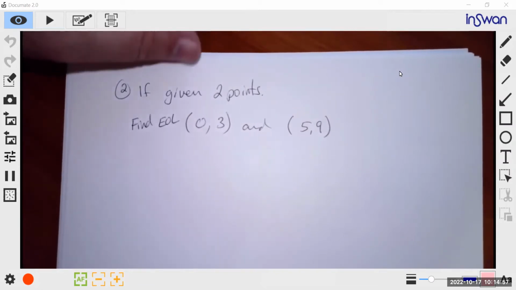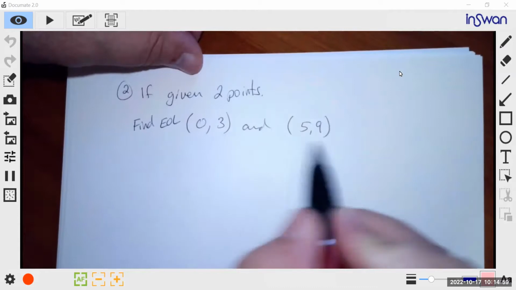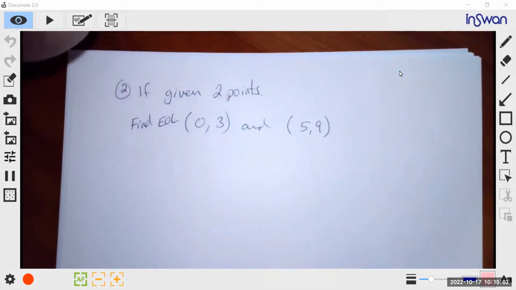So now I'll give you 2 points. Find the equation of the line going through the points (0, 3) and (5, 9).